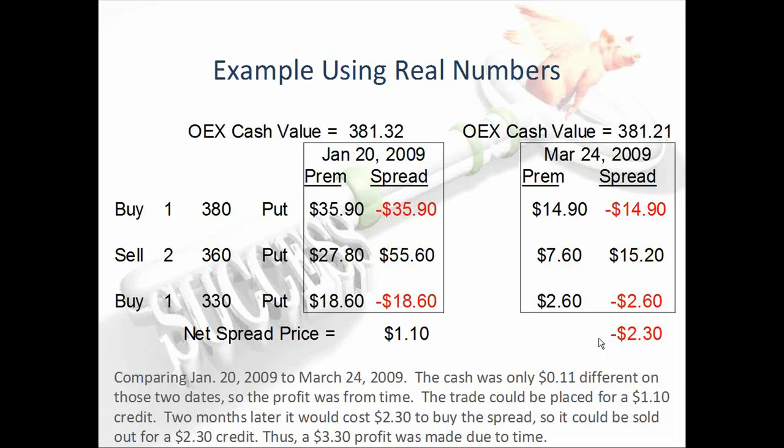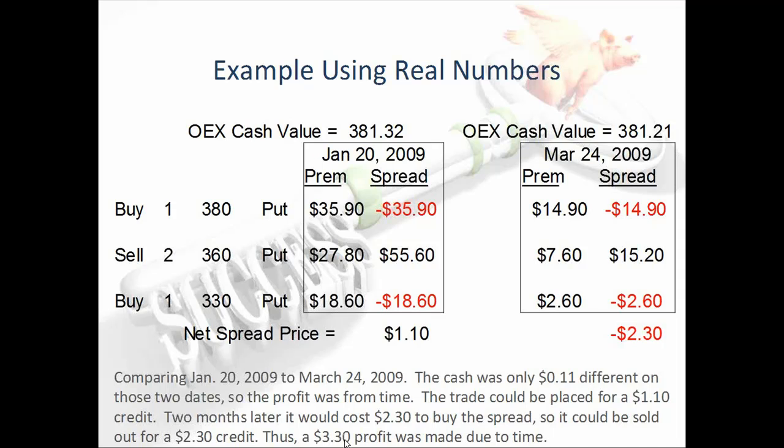But because I already own it, I can sell it and receive a $2.30 credit. So I put the butterfly on for a $1.10 credit, and now I can take it off for a $2.30 credit. I ended up making $3.40.